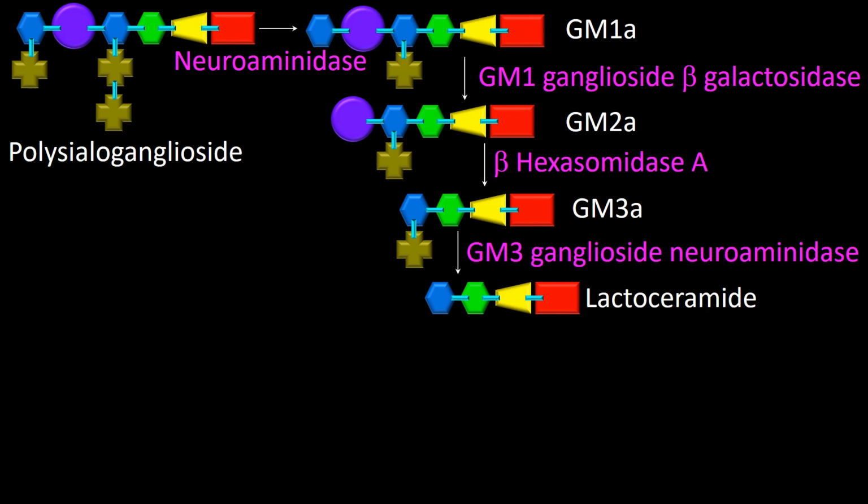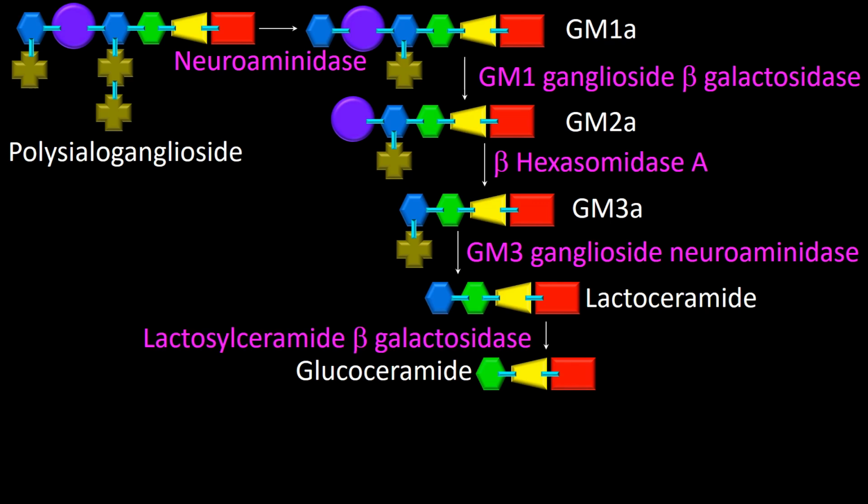This is accomplished mainly by GM3 ganglioside neuroaminidase. Next, with the loss of the last galactose, the compound becomes glucoceramide. This is accomplished mainly by the lactosyl ceramide beta galactosidase.